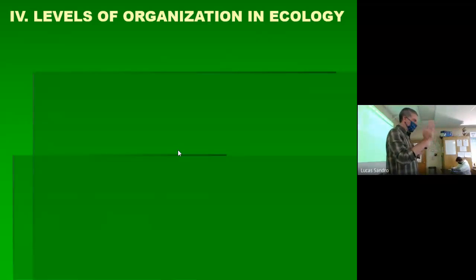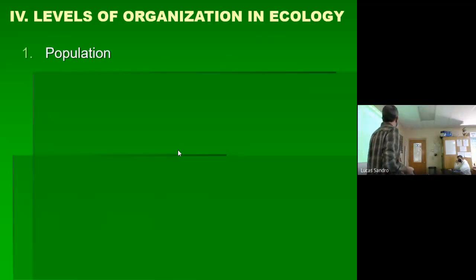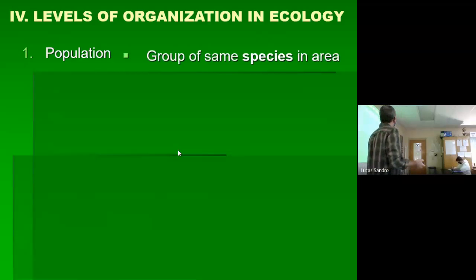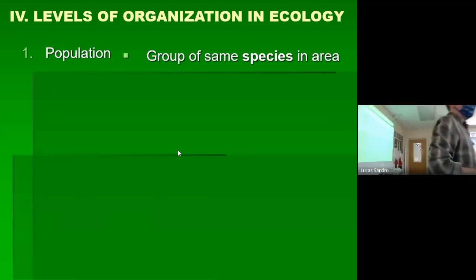If we're just looking at one kind of organism, and I'm just looking at a group of that one kind of organism, what do we call that group? The what of red squirrels in the woods outside the school? Population. Good. Population is what we call it when there's a group of, and what do we call a kind of organism? What's the sciencey word for that? Good. A group of the same species in the same area. Perfect. So a group of that same species in that same area is a population.